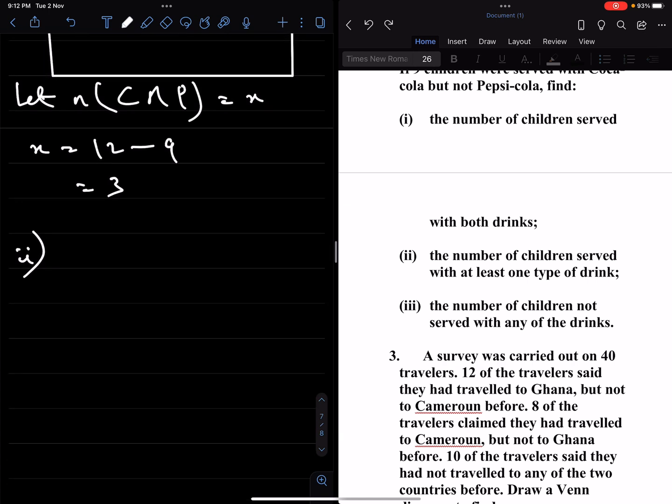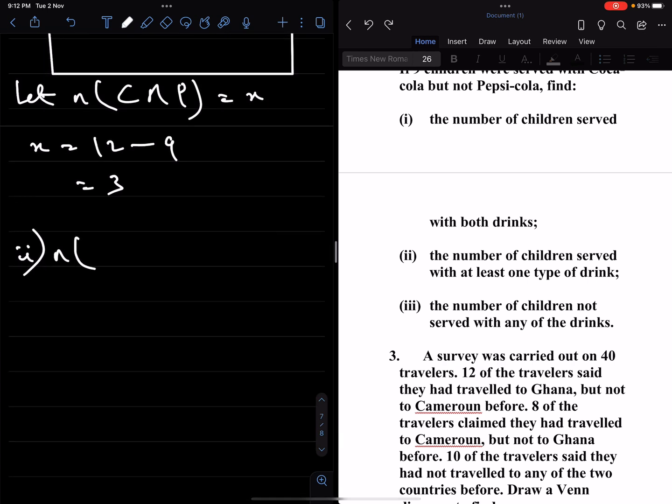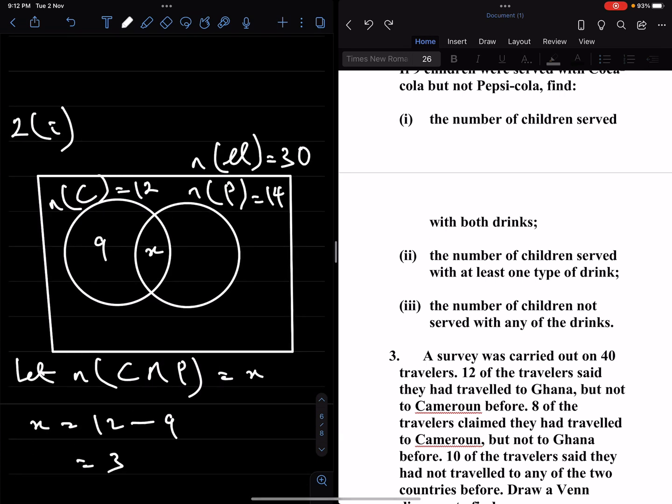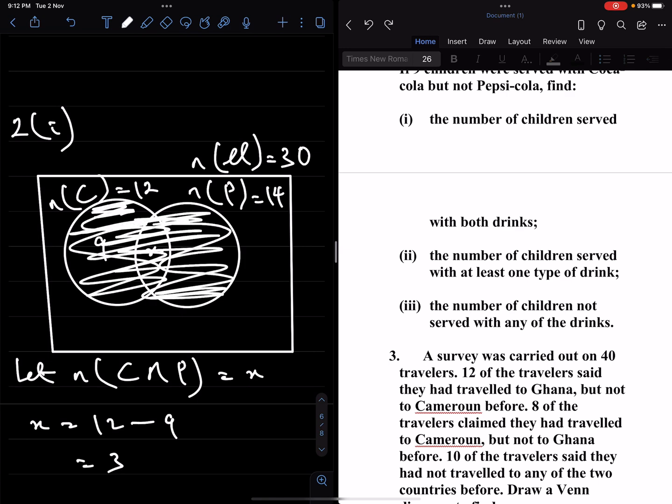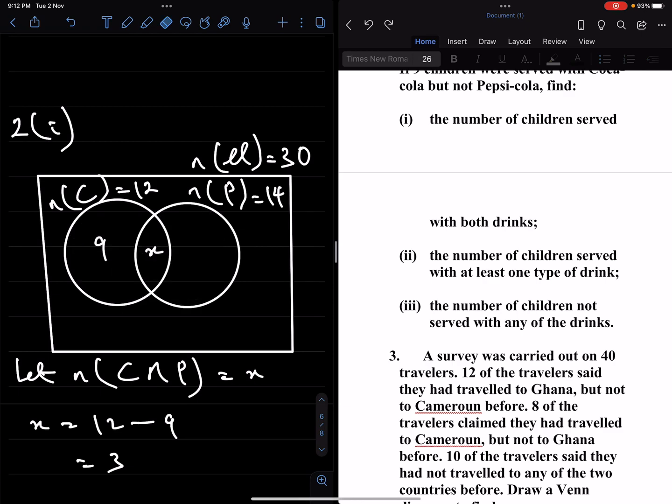That's what it means. And in set notation, that's the same as C union P. It is the total number of elements inside the whole of the 2 sets put together. And the whole of the 2 sets put together is the same as C intersection P complement, which is Coke only, plus C intersection P, which is Coke and Pepsi, plus C complement intersection P, which is Pepsi only.